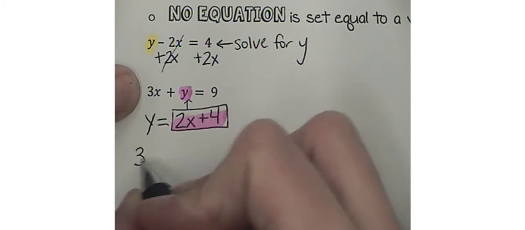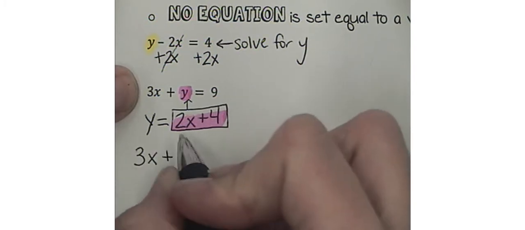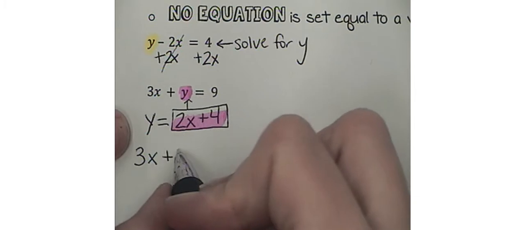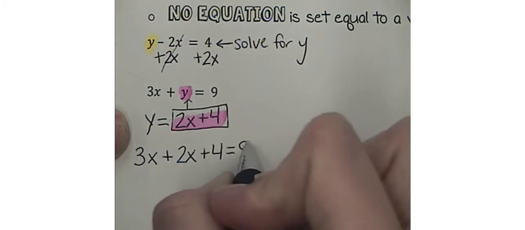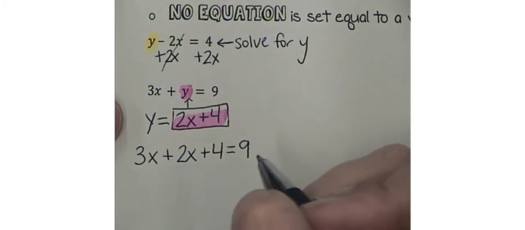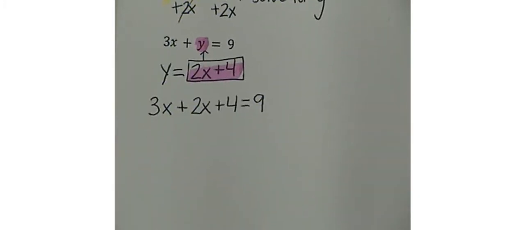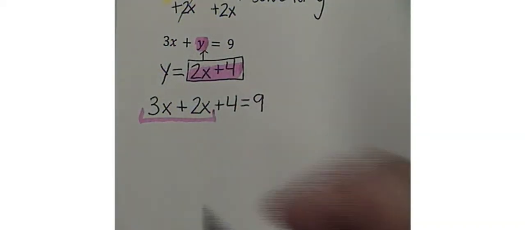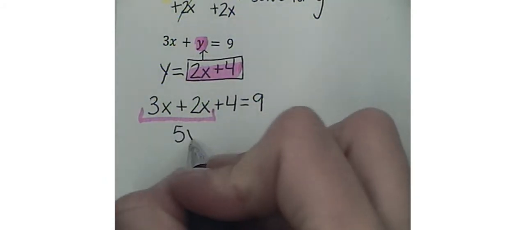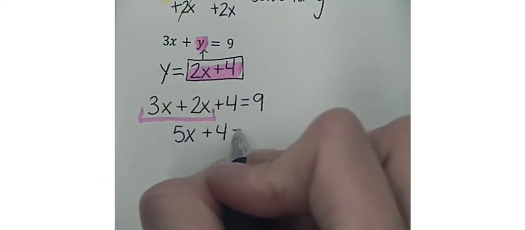So start with your 3x plus, I don't have anything to multiply by, so I don't need parentheses. I see that I do have like terms here. 3x plus 2x is 5x plus 4 equals 9.